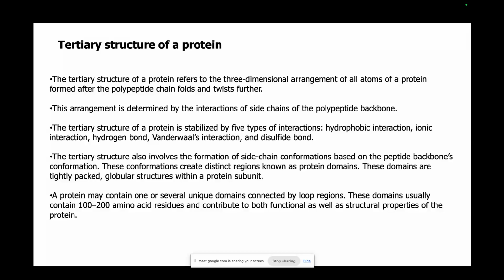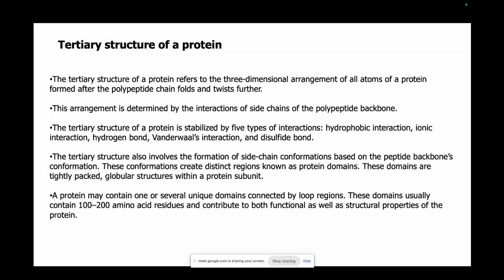So the whole tertiary structure will have individual subunits inside it, and these conformations will be based on the peptide's backbone conformation, and it will create distinct regions within the whole structure, which are known as protein domains, right? So these are tightly packed globular structures with a subunit inside them, and it can contain multiple domains.